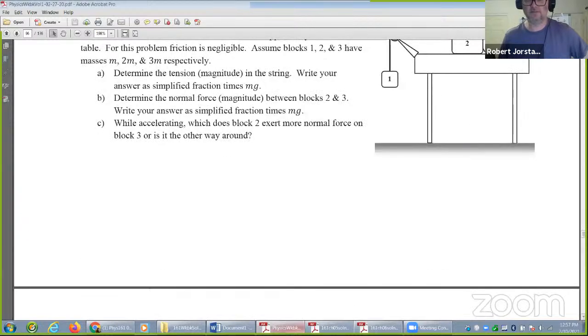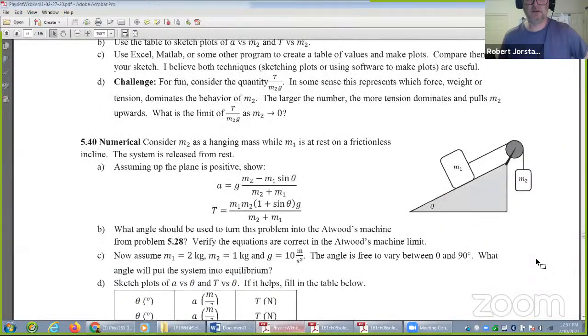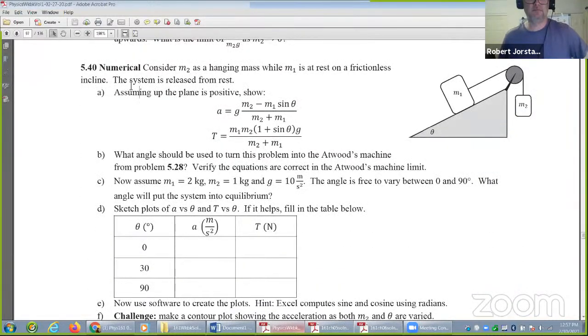Where are we here? All right. So we're going to look at this problem right here. So it says M1 is at rest on a frictionless incline, and now we have two masses. This is a different version where one of them is M subscript 1 and then the other is M subscript 2. So we're going to try and figure out this stuff right here. Now, when you see this problem, we should do a free body diagram for each mass.